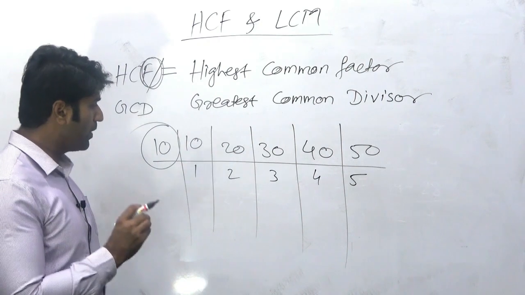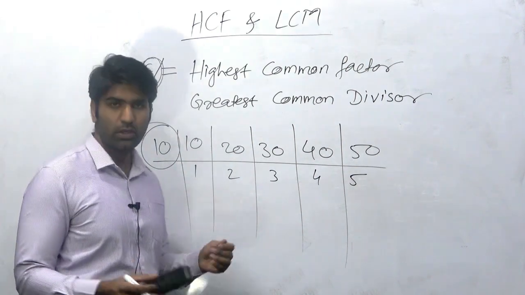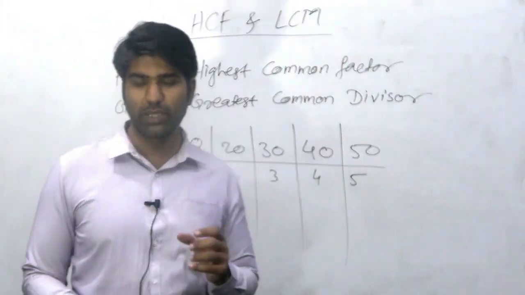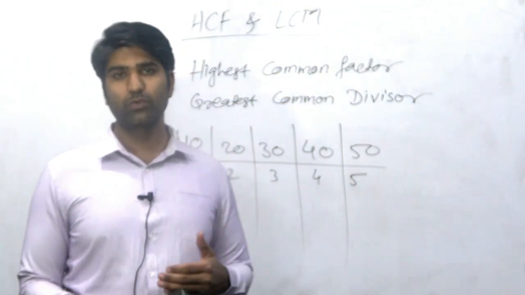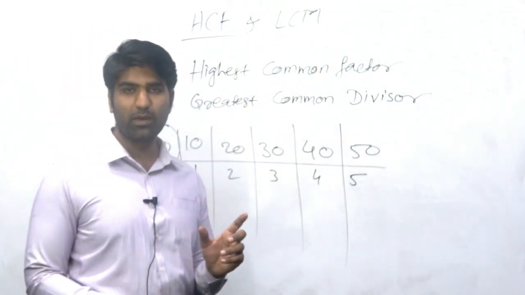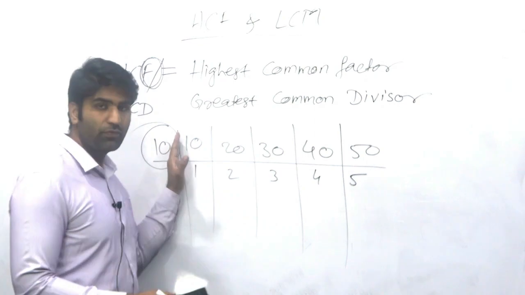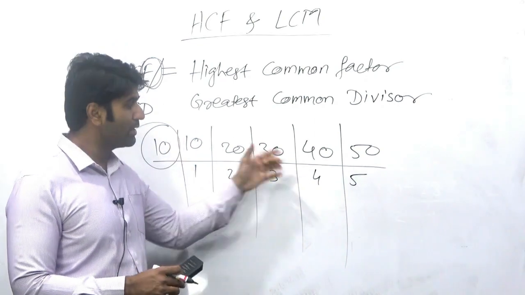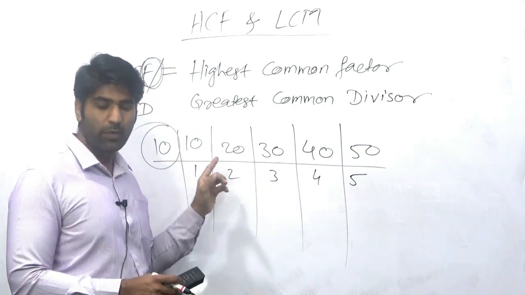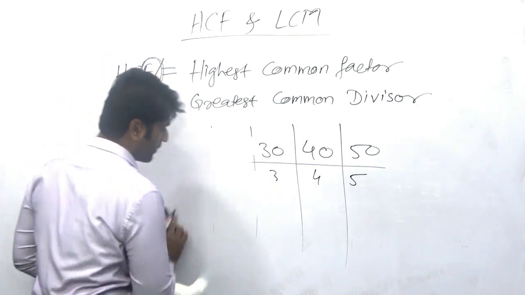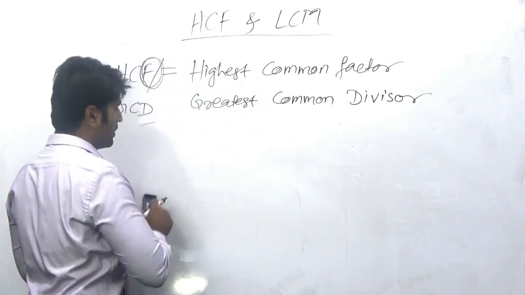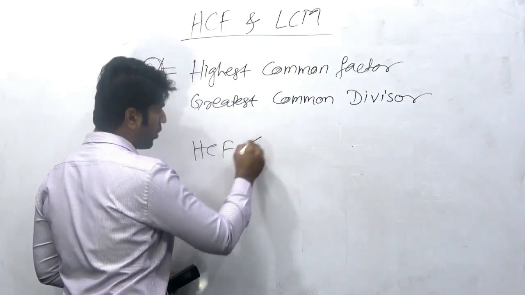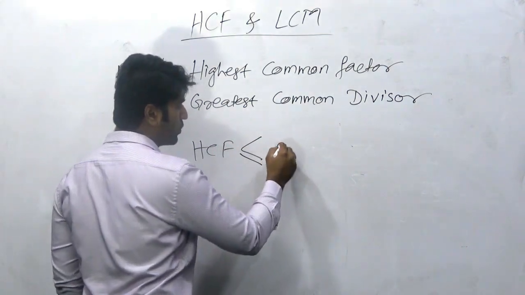Okay. So remember, you can rewind the video and check the examples which we have taken. In all those examples, the HCF is always less than the given numbers. Remember, HCF is always less than or equal to given numbers.